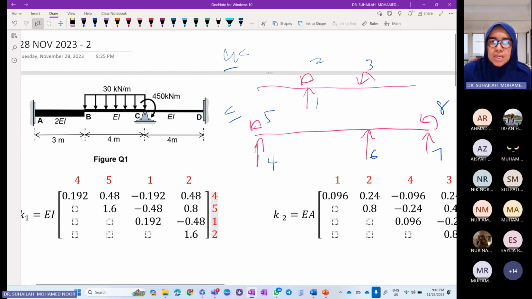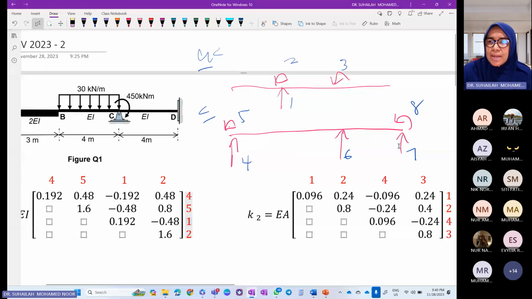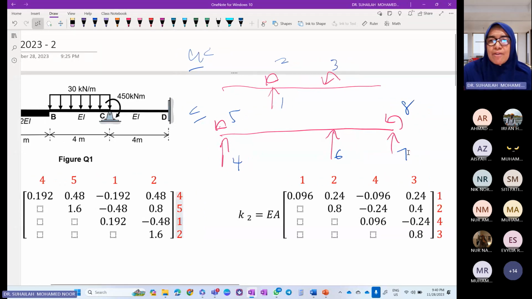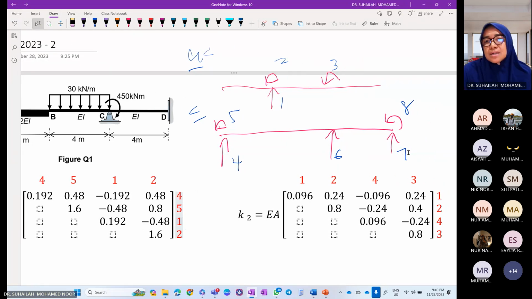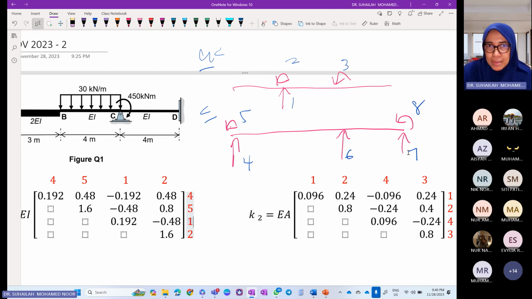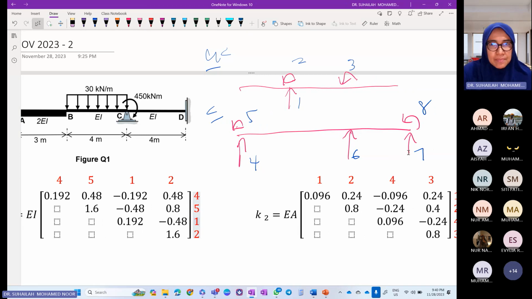There are 2 at A, 1 at C, and 2 at D. So we have 5 degrees of freedom in the constrained system and 3 degrees of freedom in the unconstrained system. We label starting from unconstrained 1, 2, 3, then followed by 4, 5, 6, 7, 8 in the constrained system.